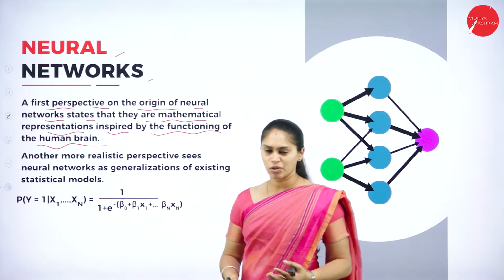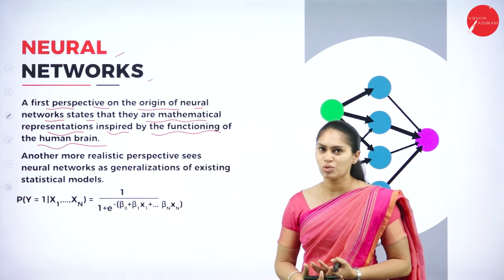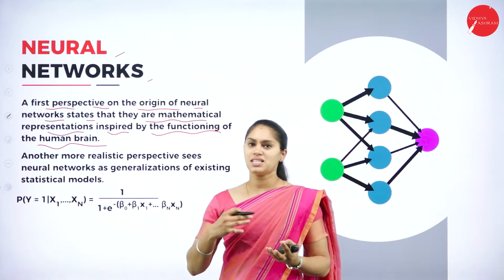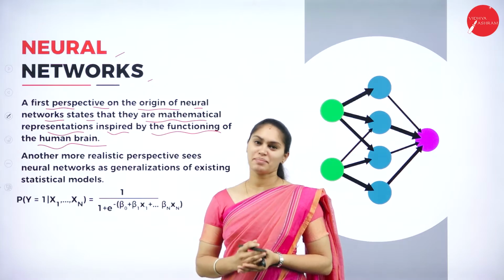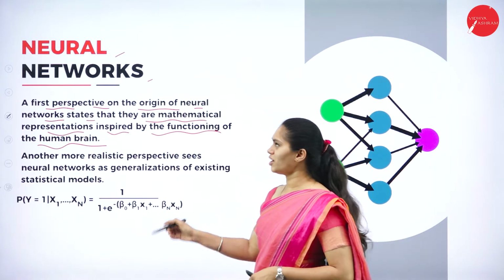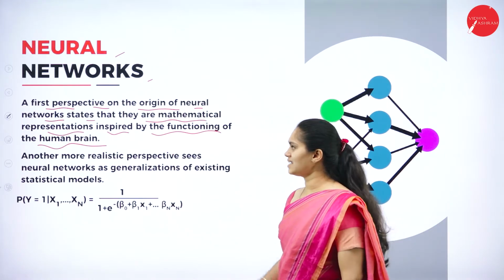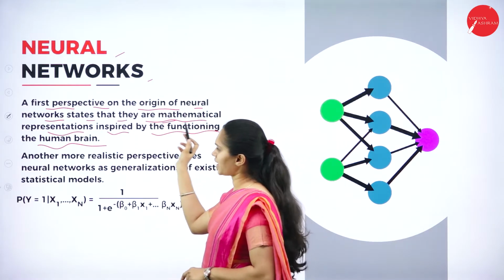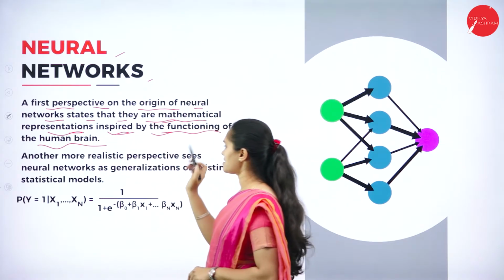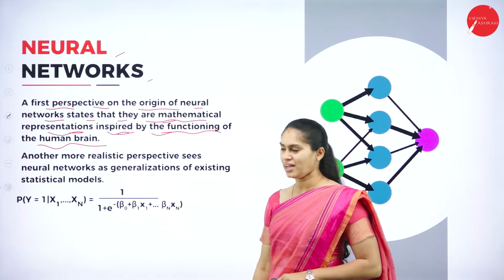For example, how the neurons are working, how the dendrites are working, how the signals are passing from one node to another node. If you are keeping all these records mathematically, then that will be termed as what? Neural network. Mainly it is a technique that states that it is a mathematical representation inspired by the function of a human brain.